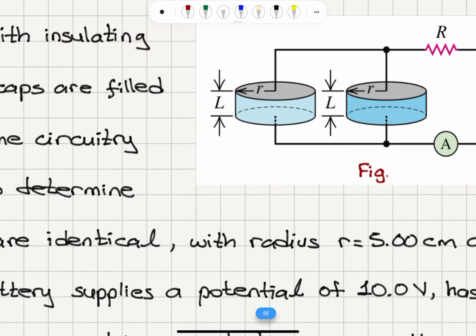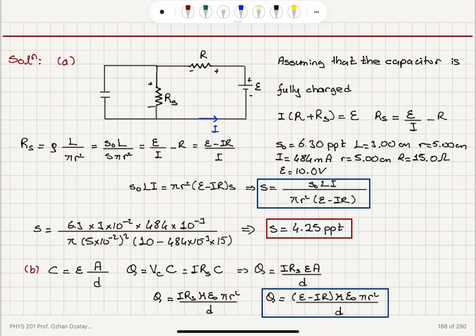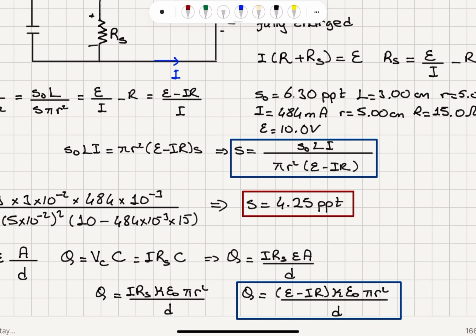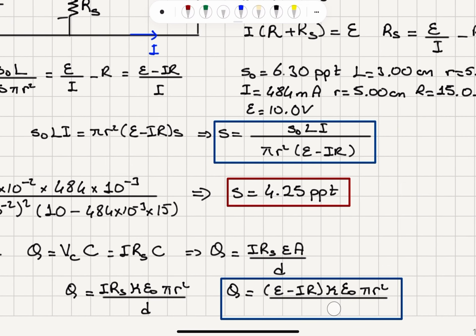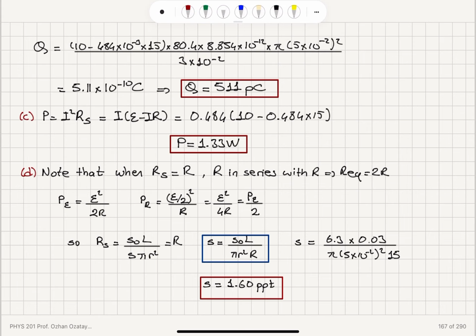The separation between the plates is L, so instead of keeping it as d here, we should write L, because we note that d is equal to L. Substituting the numbers, we obtain 511 picocoulombs.